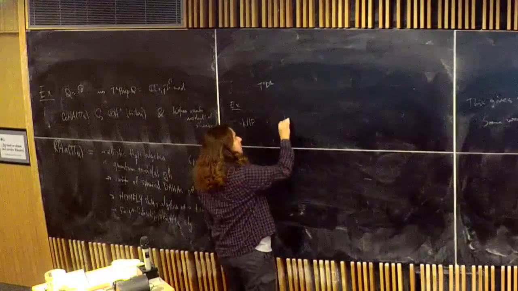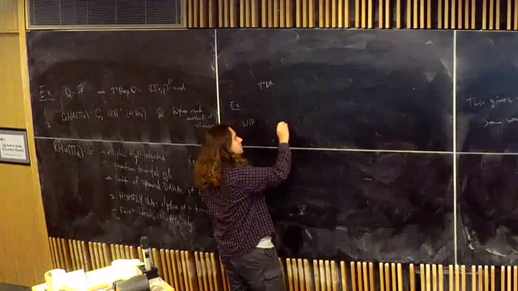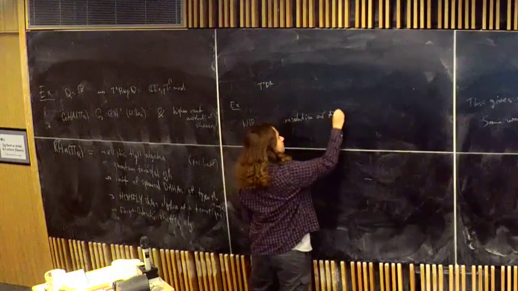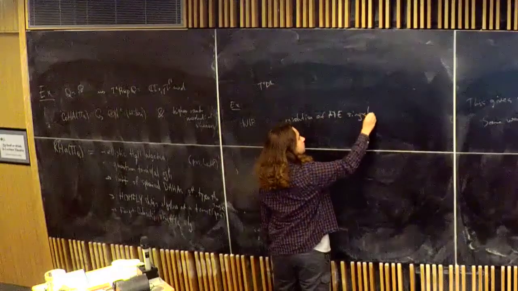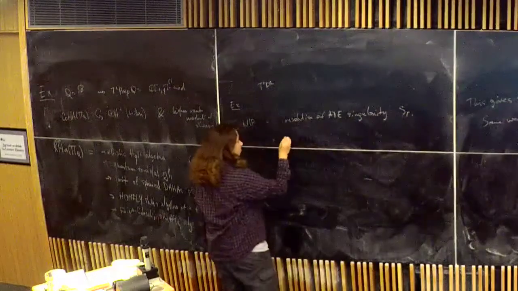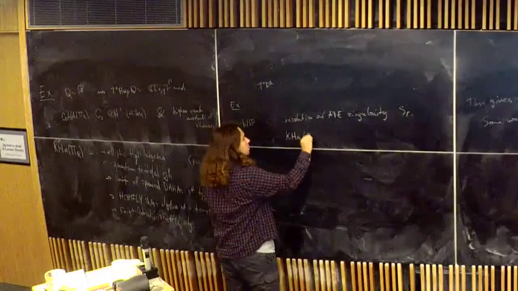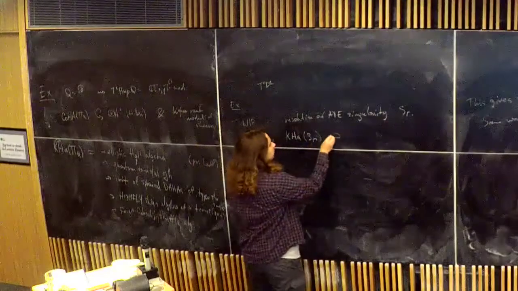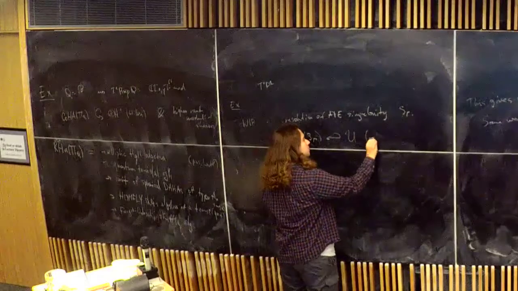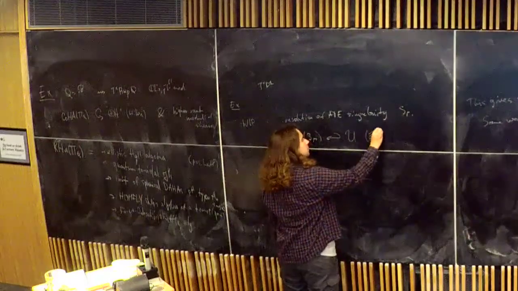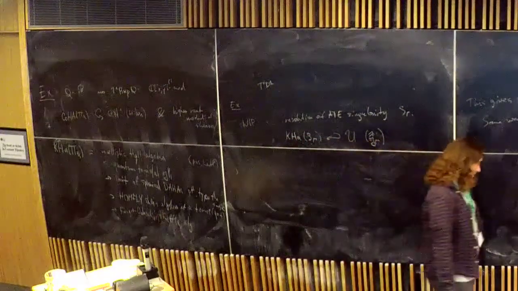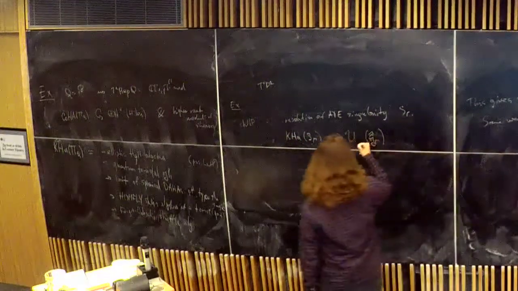So if you take the resolution of an ADE singularity, let me call this Gamma, then say the Lie algebra g_Gamma is the finite type, like a simple Lie algebra.